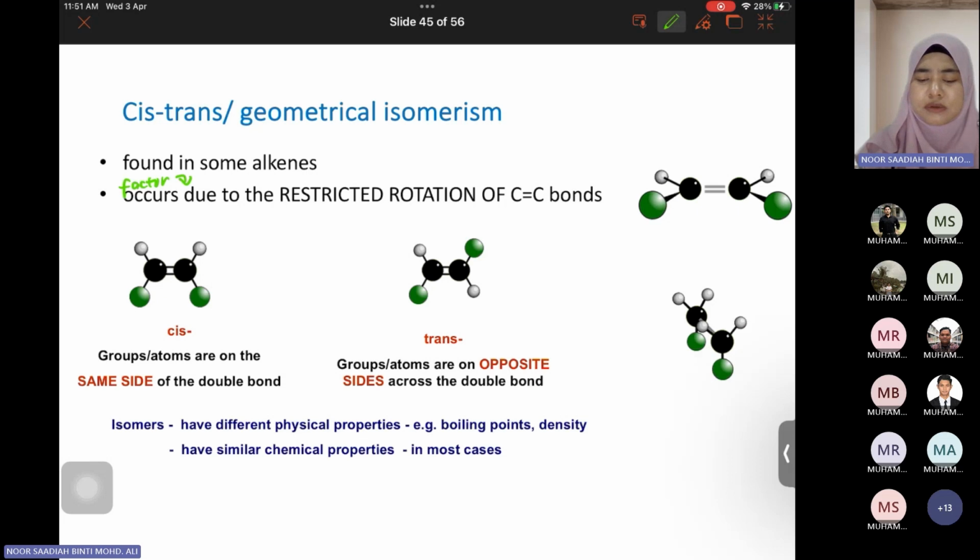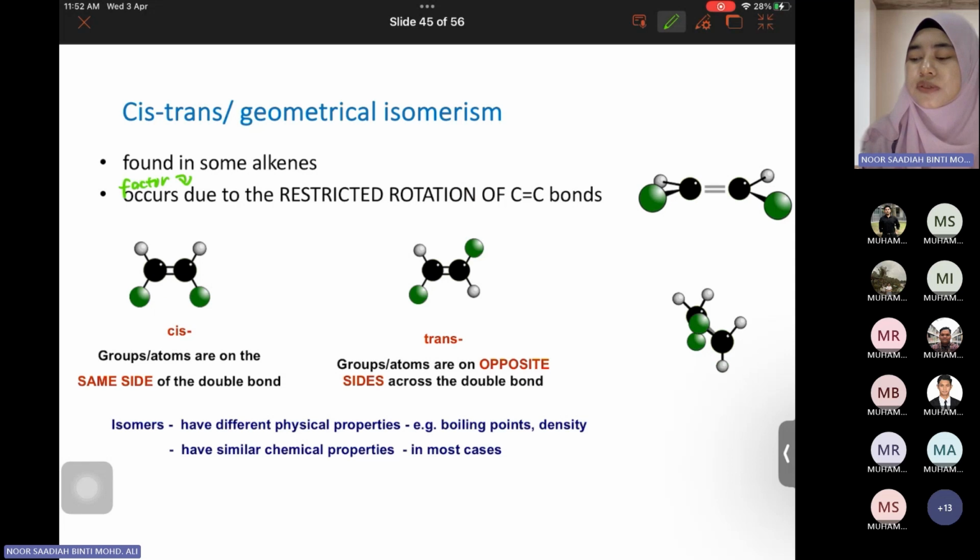For example, here, this is in terms of the molecular or ball-and-stick model. Let's have a look. We start with the model here, where we have the small gray sphere and the large green sphere, which we can draw like this.